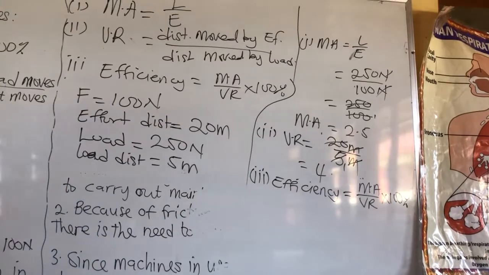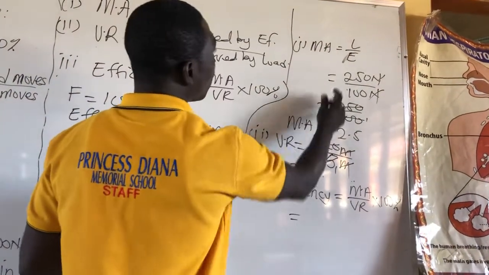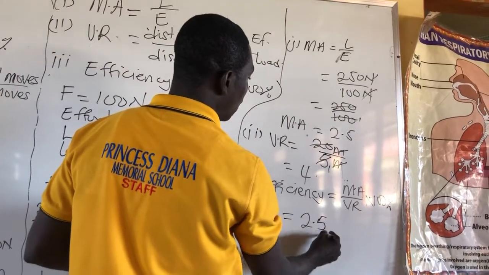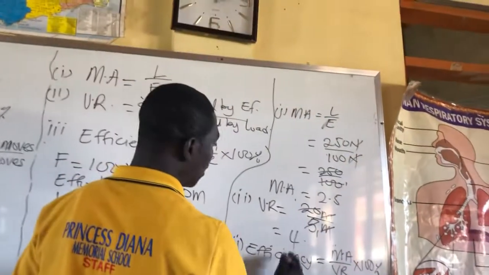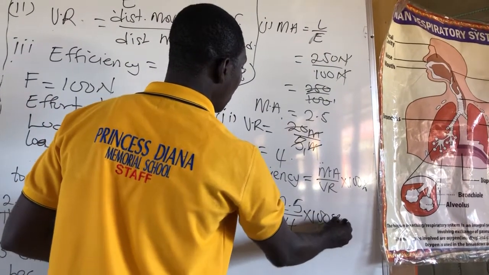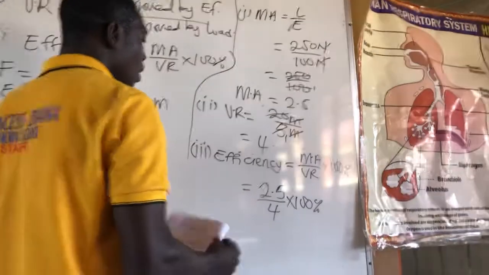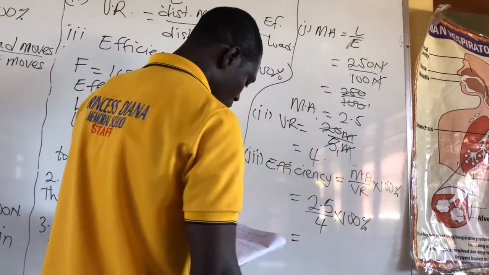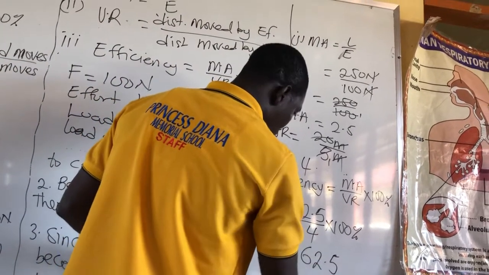So efficiency from the mechanical advantage, we have 2.5 divided by the velocity ratio, which is 4, times 100%. Remember to bring your percentage sign. And when you calculate this, it gives us 62.5%.